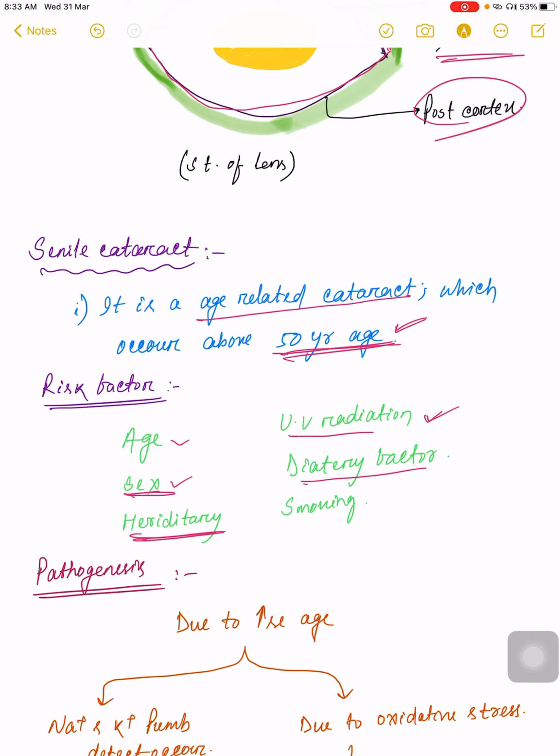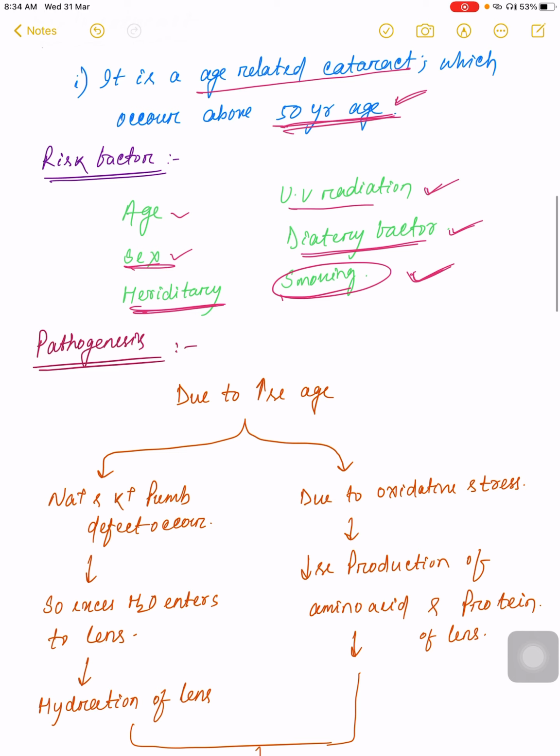Dietary factors also influence senile cataract; if you're not taking a proper diet, you may get some disease. And smoking also influences senile cataract. These are the risk factors.